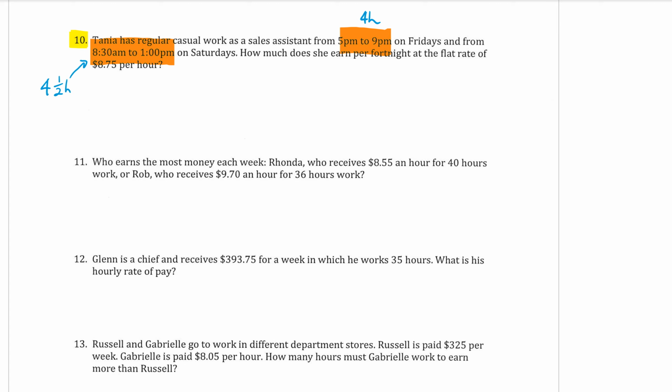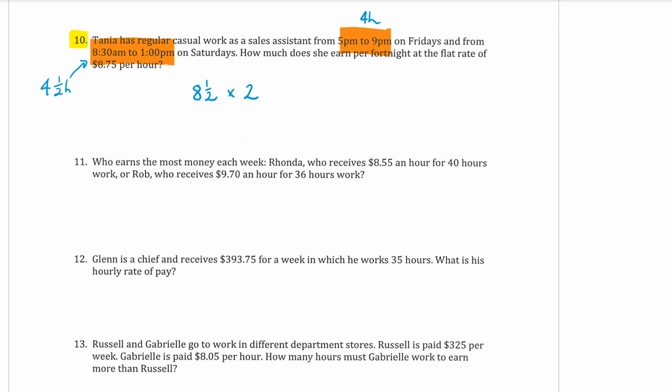So she works 4 hours on Fridays and 4.5 hours on Saturdays every week. That means she's working 8.5 hours every week. But it says that we want her fortnightly pay, so we're going to have to times that by 2 so that we know what it is per fortnight.